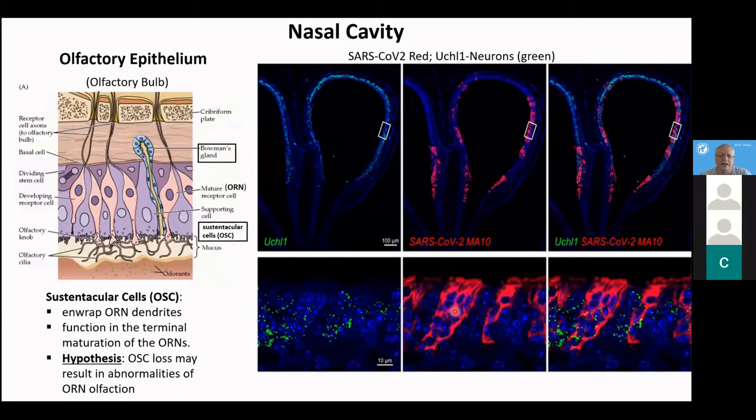The virus targets the olfactory epithelium in the nose, but not neurons. Neurons are shown in green here, overlaid. It looks like it's the sustentacular cells that sort of wrap around the olfactory neurons and provide support functions. And so we think loss of olfaction may be associated with the destruction of the olfactory sustentacular cells rather than through direct infection of the neurons. But we're still working on validating that.